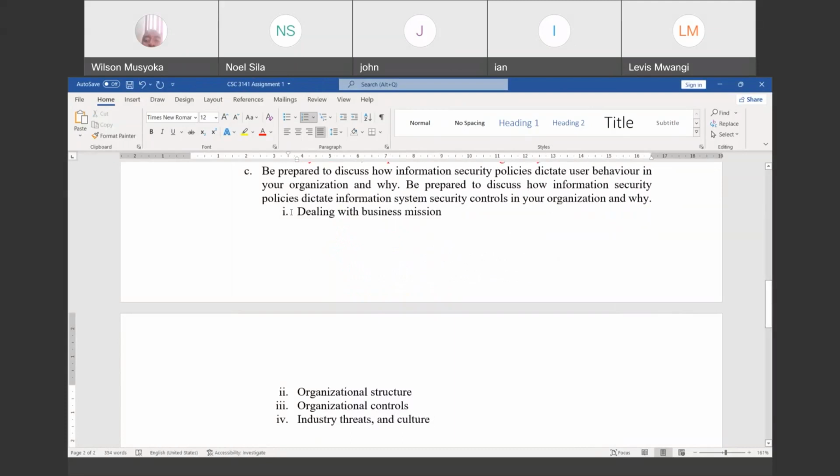So that is how user behavior is going to be influenced in terms of what is your business mission?